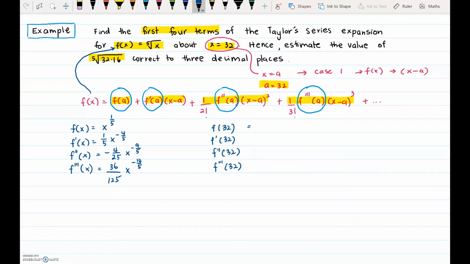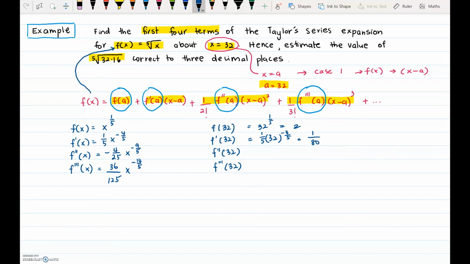For f(32) it will be 32 to the power of 1 over 5, which equals 2. For f prime 32, it is 1 over 5 times 32 to the power of negative 4 over 5, and you will get 1 over 80.